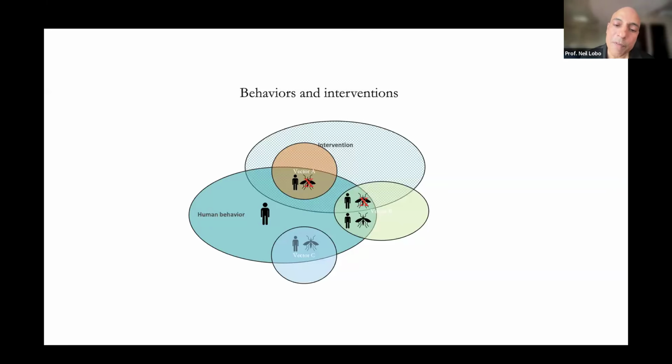Let's say half of them bite in the middle of the night, half of them bite in the evening. And so it's partially impacted. And vector C bites only outdoors. And I'm using bed nets as an example here. Now you can imagine that each of these three vectors are impacted differently. And understanding how this is happening at your site will let you know how your specific intervention is impacting each of these vectors, whether it's bed nets or IRS or spatial repellents or anything.